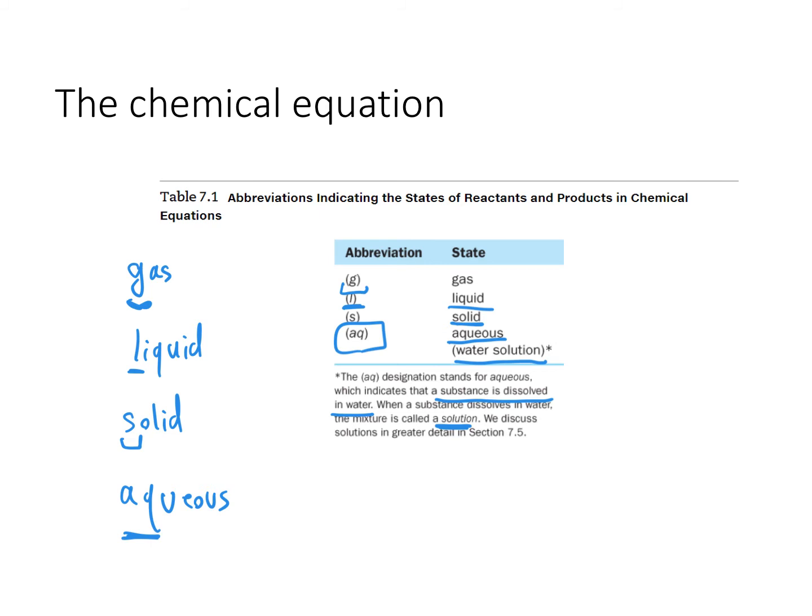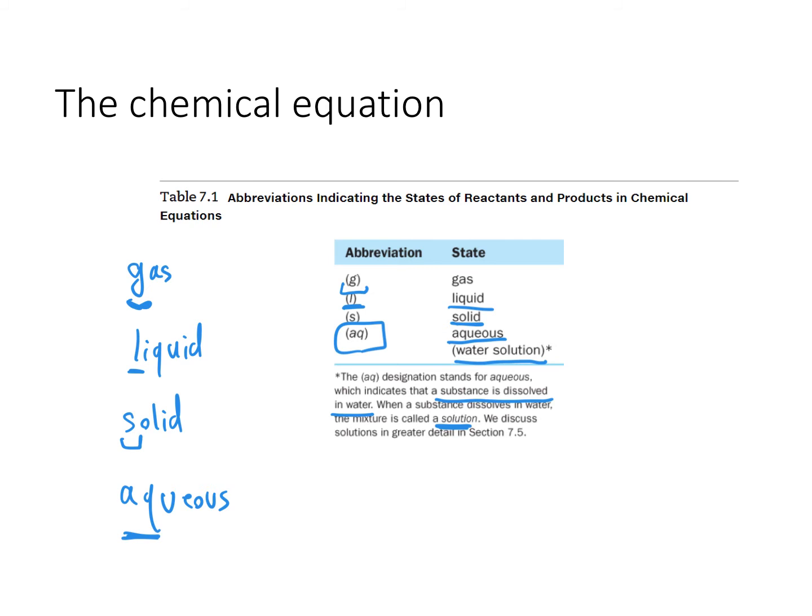Can anyone tell me, would this solution be a homogeneous or heterogeneous mixture? Homogeneous, right? Because when you dissolve, for instance, salt in water, you cannot distinguish between water and salt, and the composition of salt in water is the same throughout.